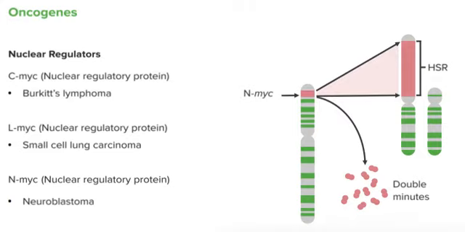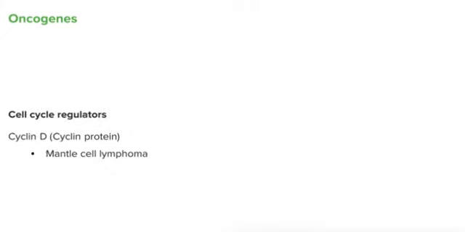We have N-MYC, and this is placed next to the HSR. This region that N-MYC might be next to would cause gene amplification, and that you have to know. So take a look at N-MYC next to HSR, then causing major gene amplification.